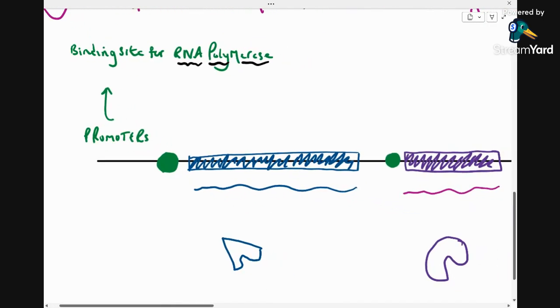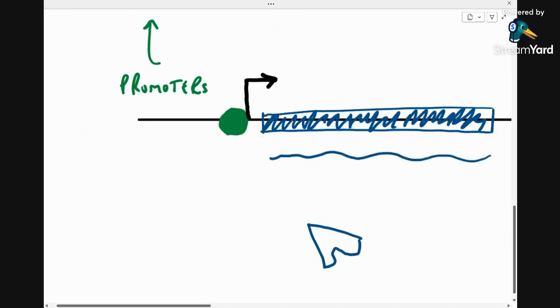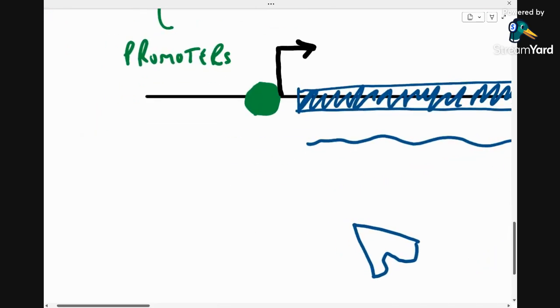Okay, so essentially, transcription will start here, and promoters, interestingly, contain directionality. So within this sequence, it actually contains directional info, which I've alluded to there with that blue arrow.